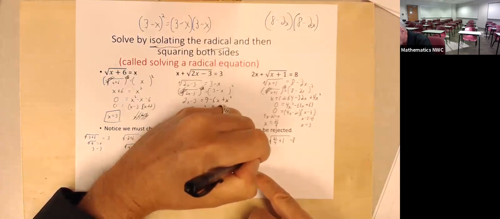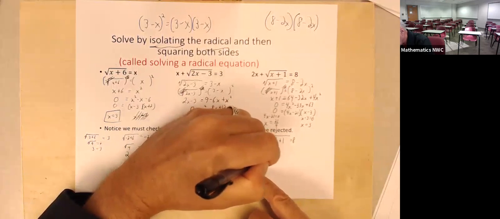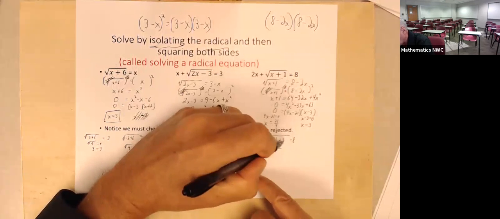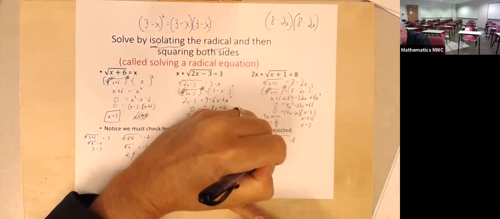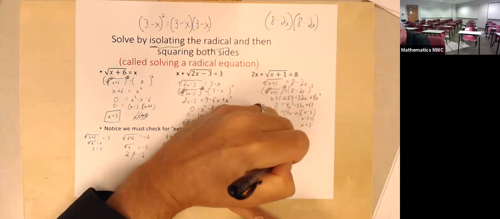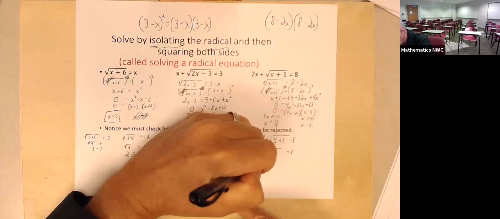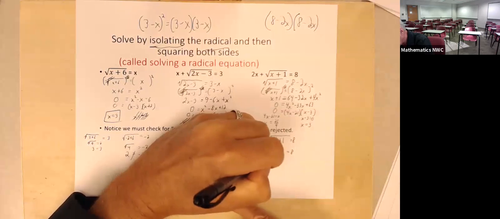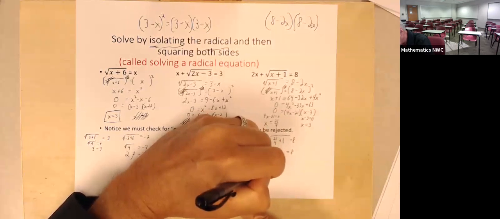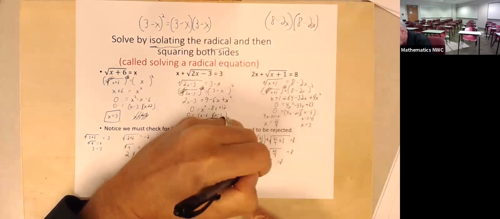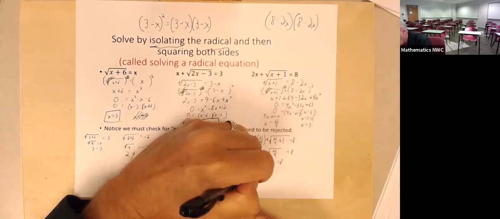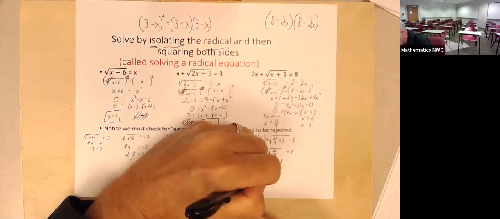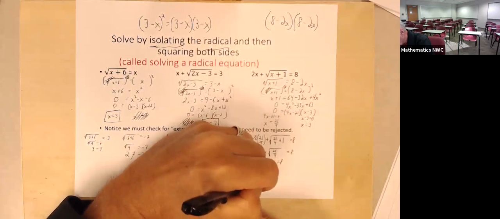I get 21 halves. This will be 4 fourths plus 21 fourths is 25 fourths. Square root of that is 5 halves. This gives me 26 halves, which is 13, and it does not equal 8.